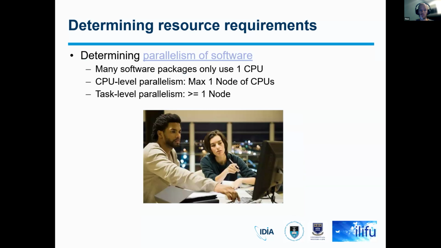Now, when you're determining the parallelism of the software, most software packages don't have the ability to use parallelism, and can therefore only use one CPU. So that's the first thing to have a look at. Some only support CPU level parallelism. This means you can only run on a maximum of one node of CPUs, and then obviously you get task level parallelism, where you can have more than one node, and it can have a mix between CPU level and running across different nodes and across different CPUs on a node.